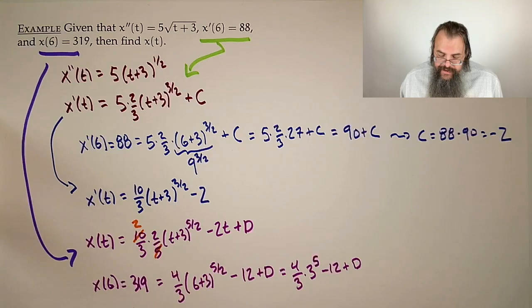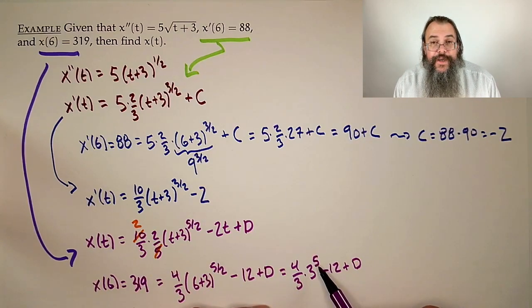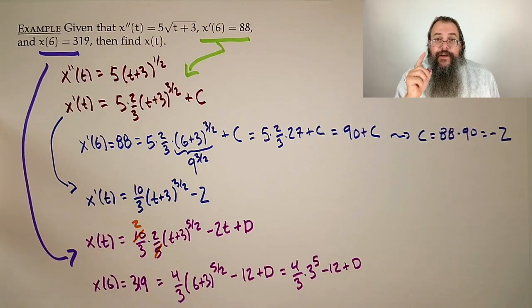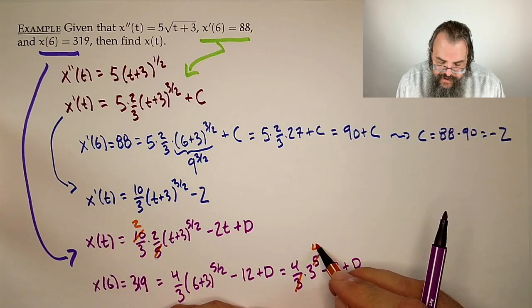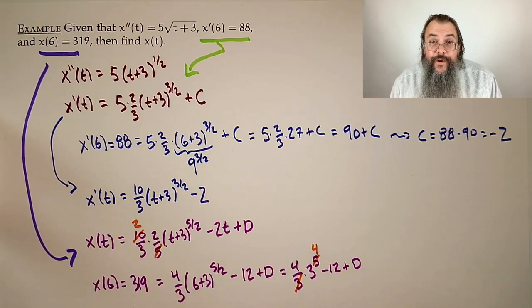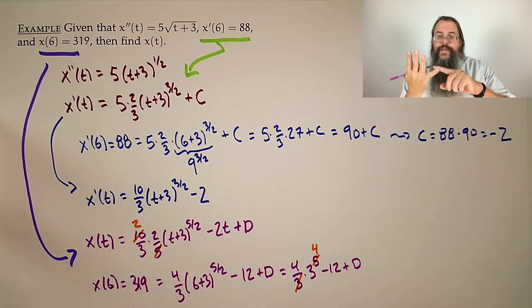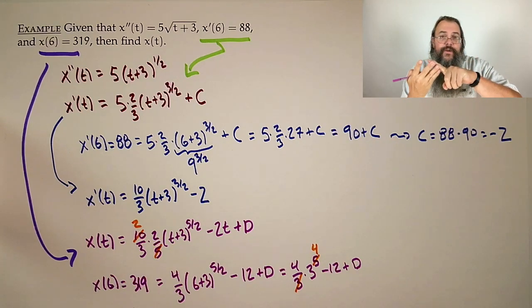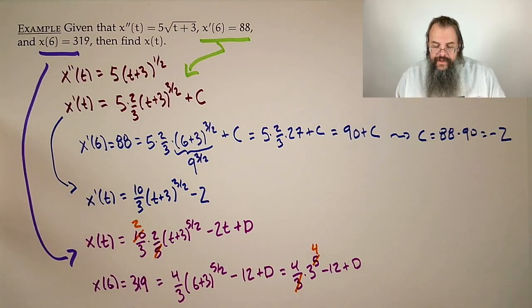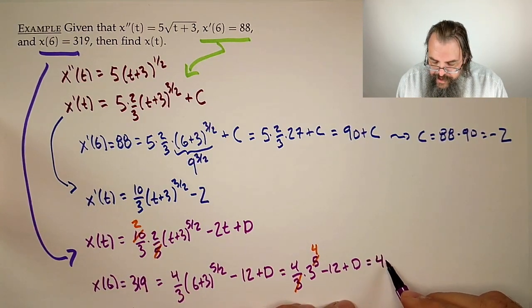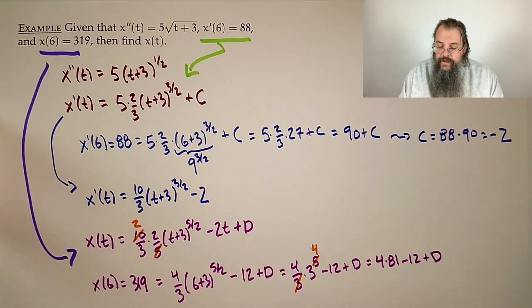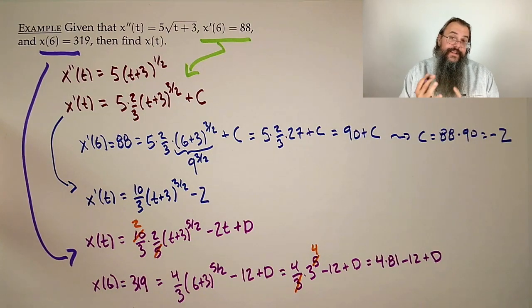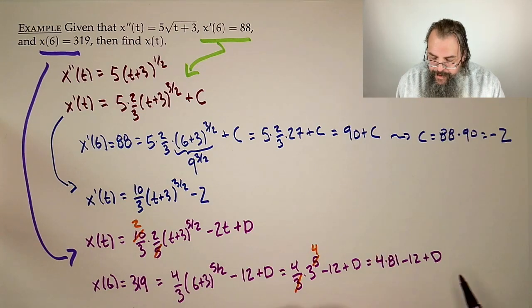Now the nice thing is 3 goes into 3, so I can cancel off a 3. That makes it a little bit easier for us to work through our powers. 3 to the 4th. 3 times 3 makes 9, times another 3 makes 27, times another 3 makes 81. So this is 4 times 81, subtract 12, plus our constant d. 4 times 80 would be 320, and then plus 4 more, because of that 1.